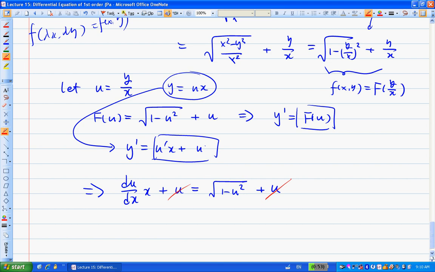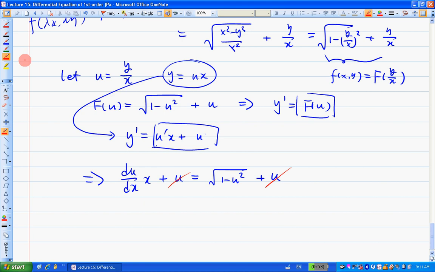These two cancel, right? These two cancel. And we're left with du over dx times x equal to root of 1 minus u squared. Separating variables, du over root of 1 minus u squared equal to 1 over x dx, right?